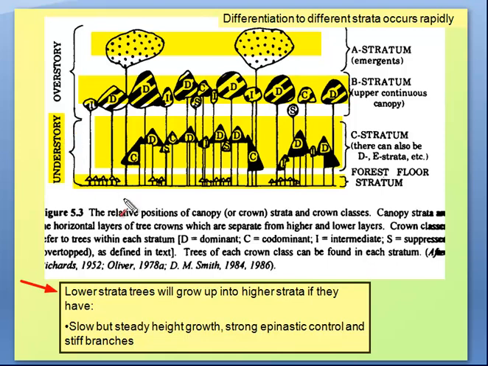So anyways, the key thing is that the lower strata trees will grow up into higher strata if they have slow but steady height growth and strong epinastic control. Now there is a new word that you may want to consider, strong epinastic control.